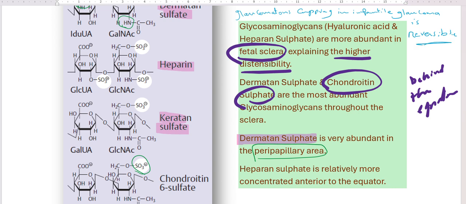So after treatment with glaucoma valve or something like that, a 0.7 disc might go down to only 0.3 or 0.4 disc. All this is due to the different content of proteoglycans in the sclera. By advancing in age, heparan sulfate reduces in concentration in the posterior sclera, in the whole sclera, in fact.